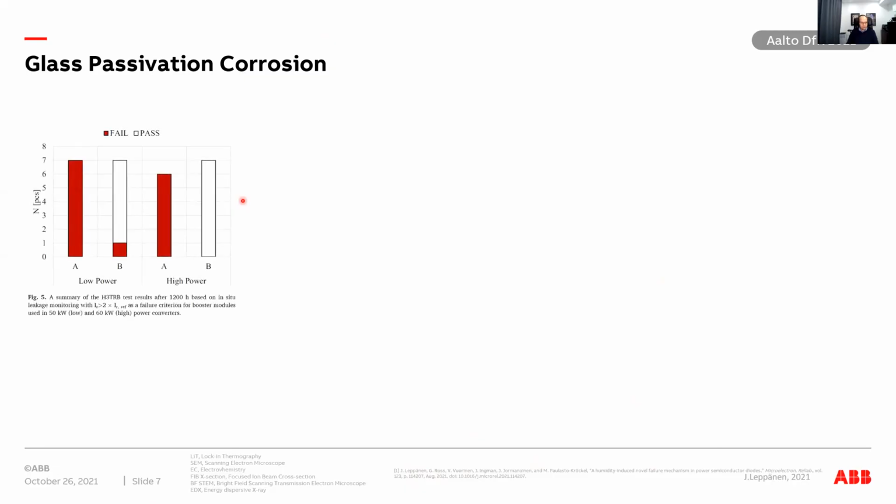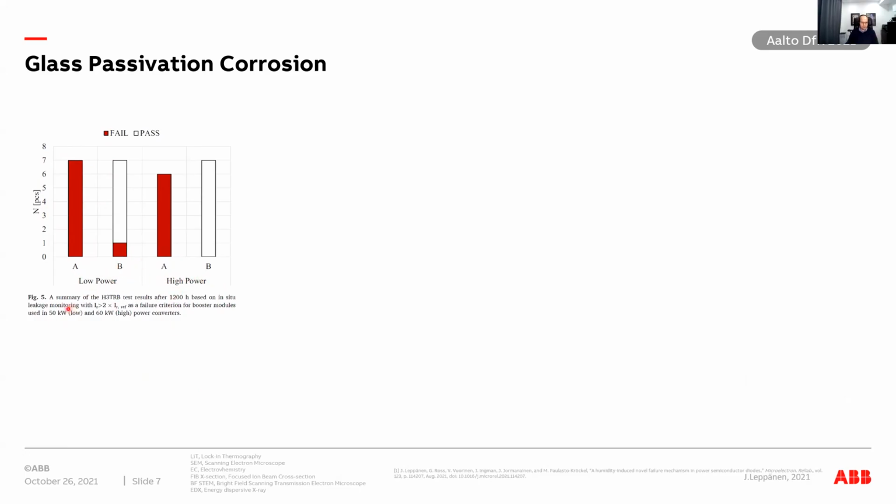So let's look. We had two different chip technologies, technology B and A, and all of the A-type technologies failed. This A-type had a glass passivation, and B-type was a polyimide-based polymer passivation, and we had both lower power and higher power chips.